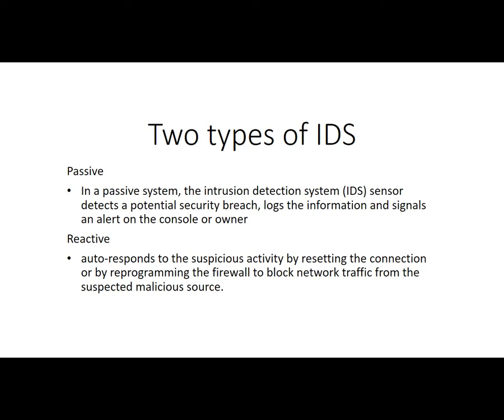It just plugs in this IP address or this port number, whatever. It just automatically does that. Now, when you're talking about a reactive IDS, you have an intrusion prevention system. Not only does it detect some intrusion, but it now starts to try to prevent it.